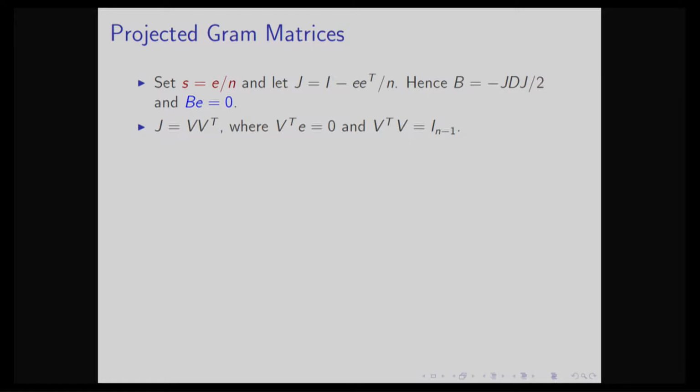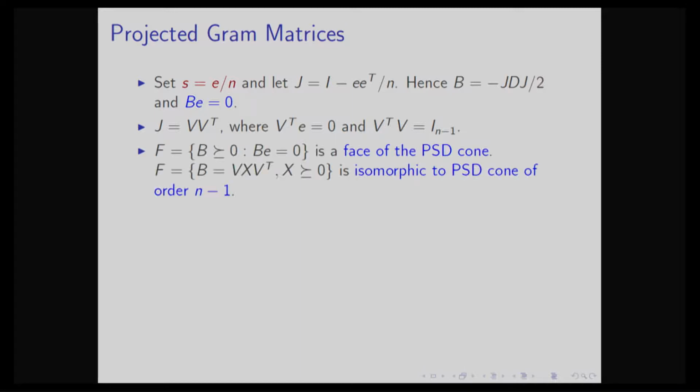And then this operator, the orthogonal projection on the complement of E, is given by V transpose, because V is orthonormal; the columns are orthonormal. So this is J, and this is again the definition of V. Now, F is the set of all positive semi-definite matrices satisfying BE equals 0.